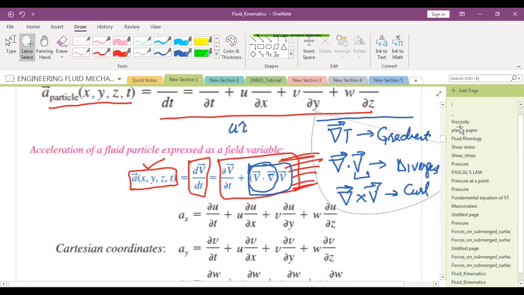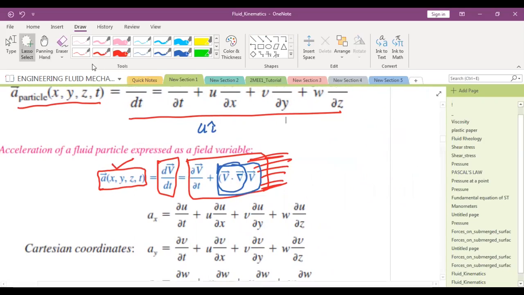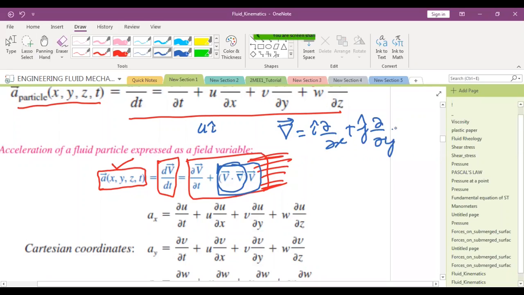So how will you proceed with this? What is the del operator equal to? It is ∂/∂x i cap plus ∂/∂y j cap plus ∂/∂z k cap. Clear? And what is v? ui plus vj plus wk.